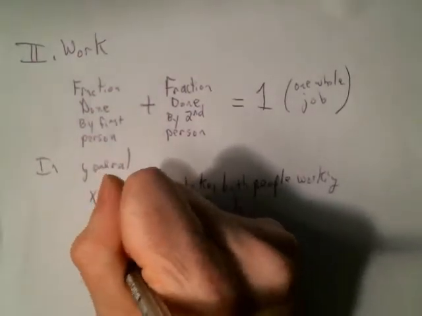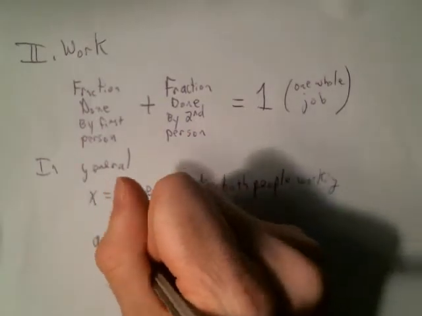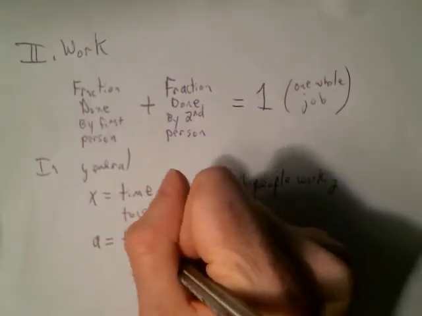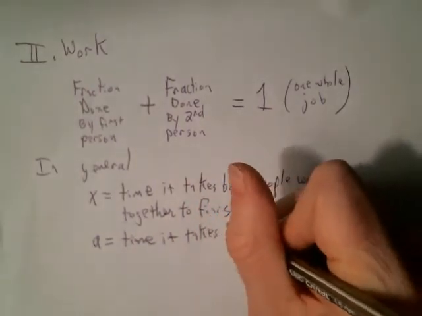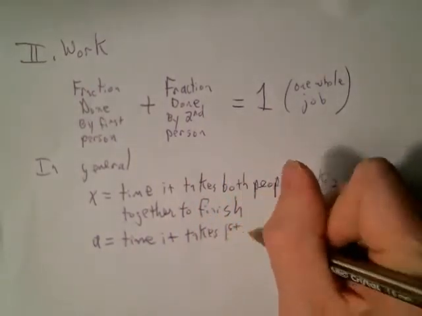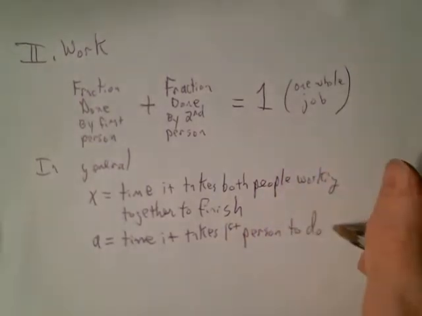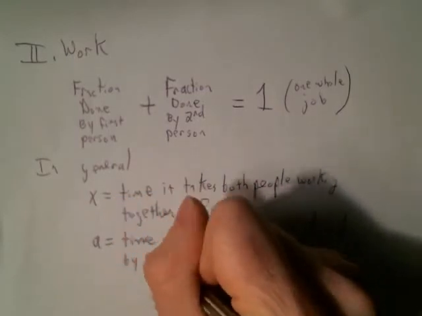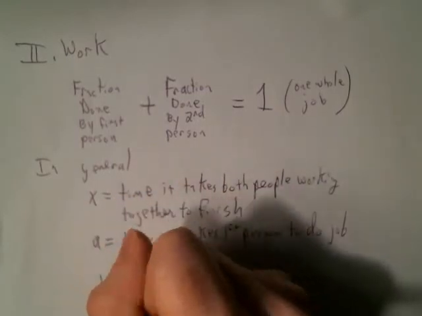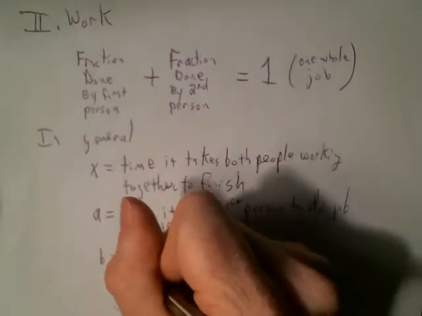A will be the time it takes person one to do the job by themselves. And B will be the time it takes the second person to do the job by themselves.